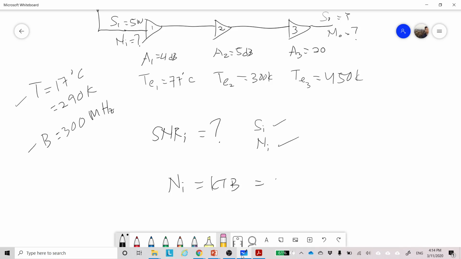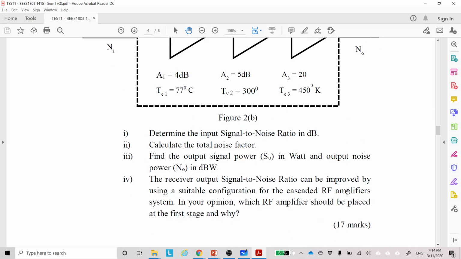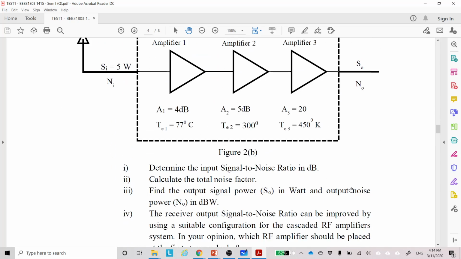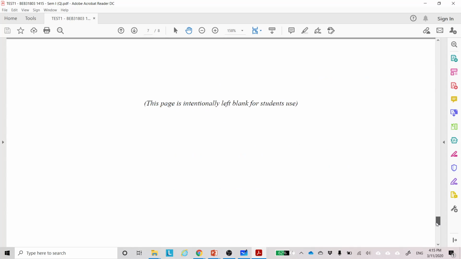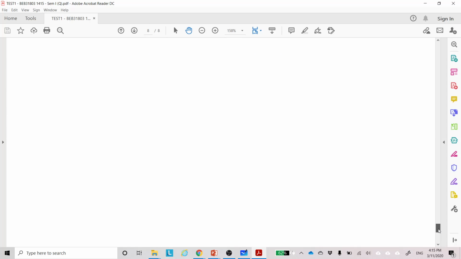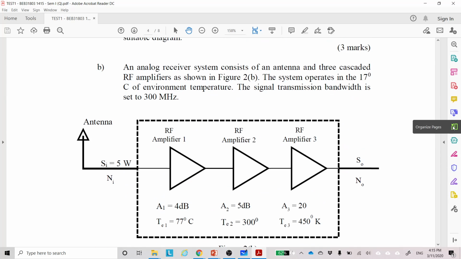Okay. So 290, sorry. Sini Boltzmann constant ada diberikan tak? Zaman pada masa itu Boltzmann constant pun tak bagi. Kejam betul.